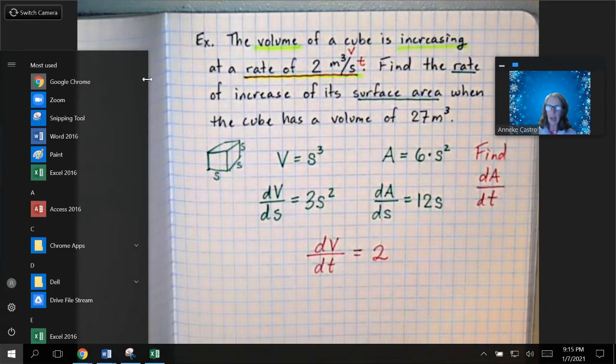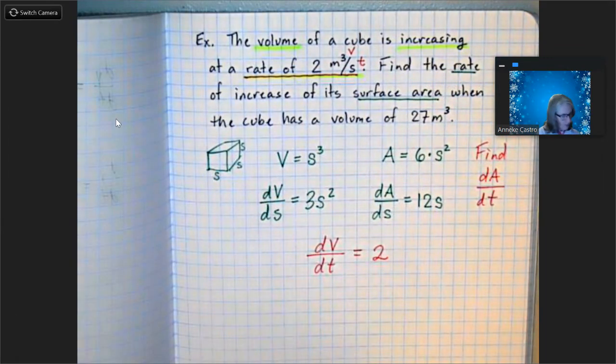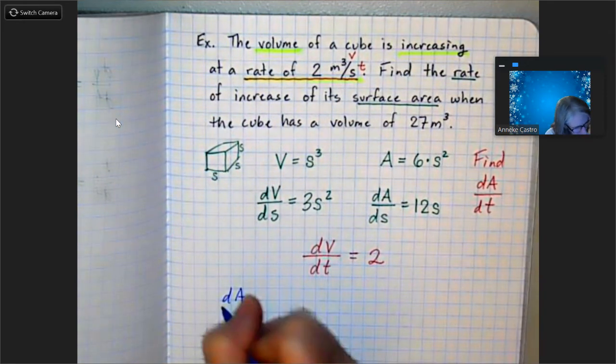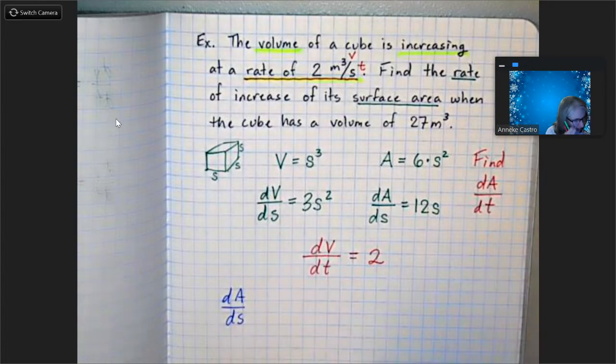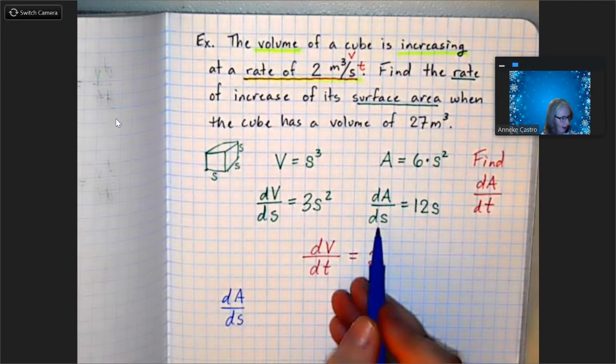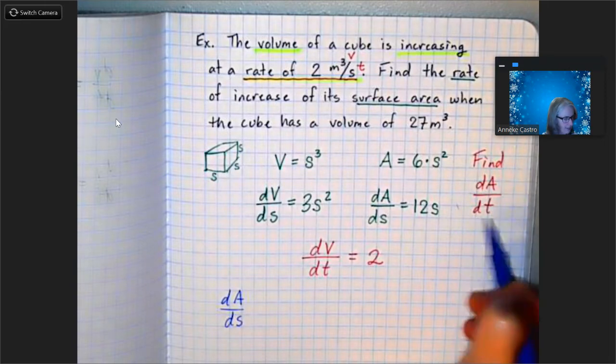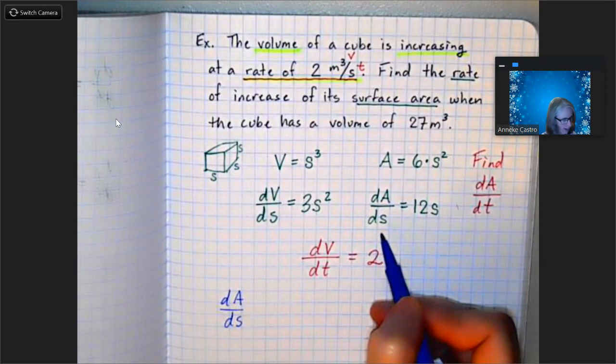All right, so I'm going to start with this one, dA/ds, and I want the s to go away. I don't want the s. See, this is what I'm trying to find. I'm trying to find dA/dt, so I want the s to go away.